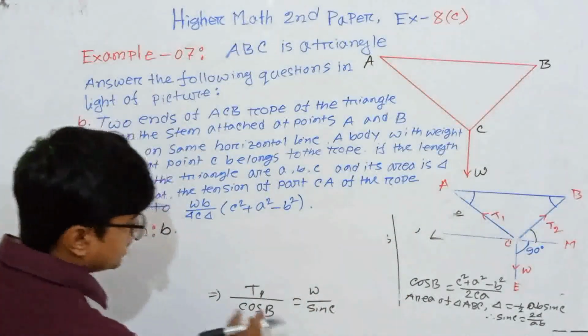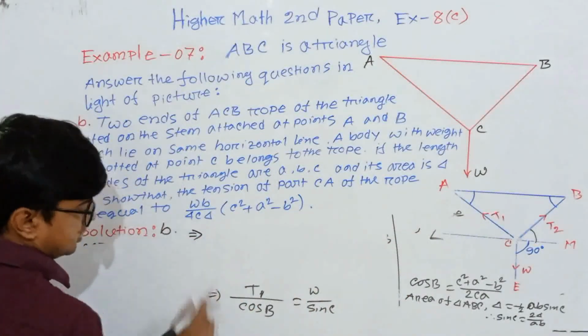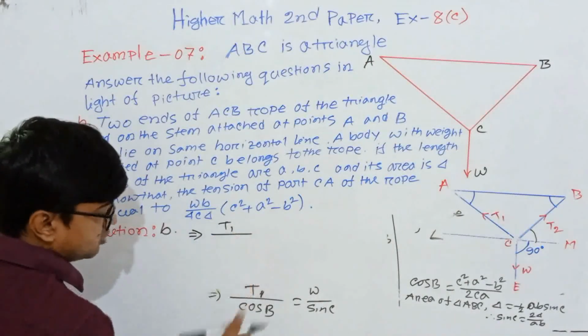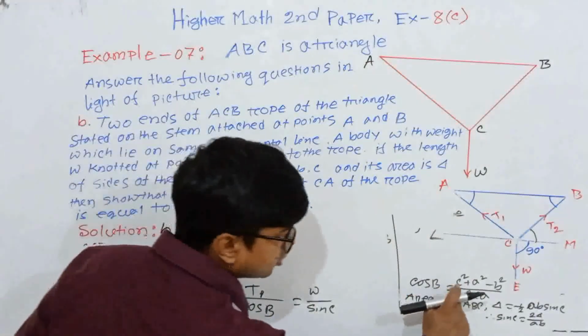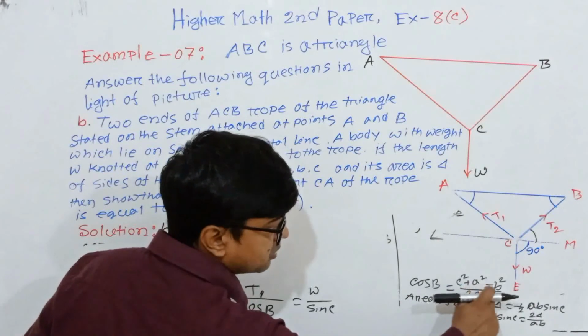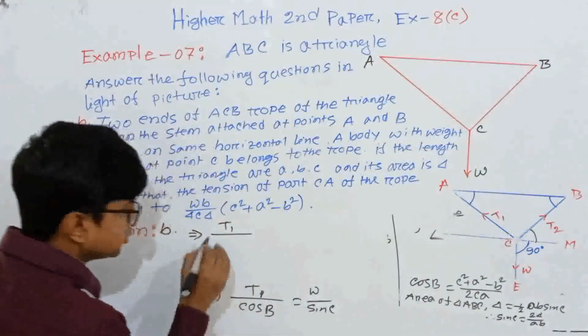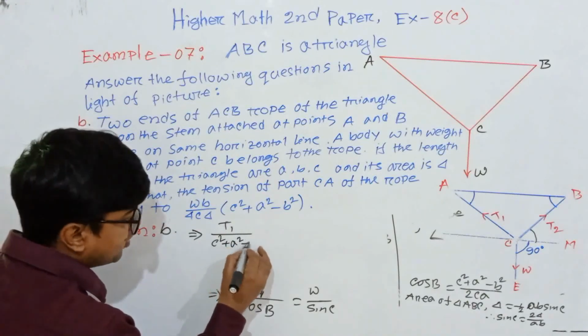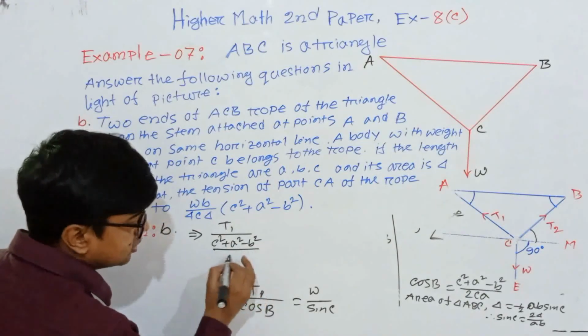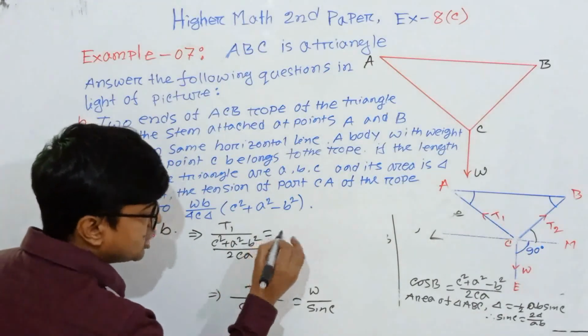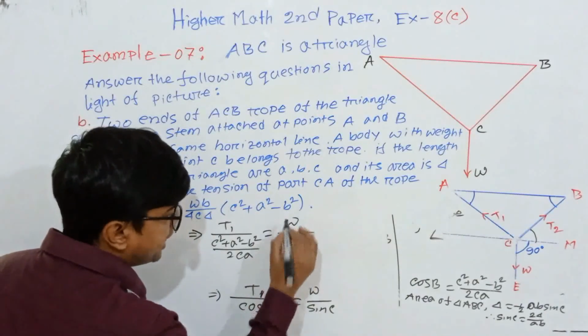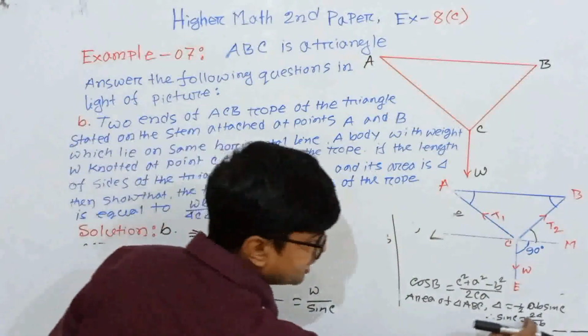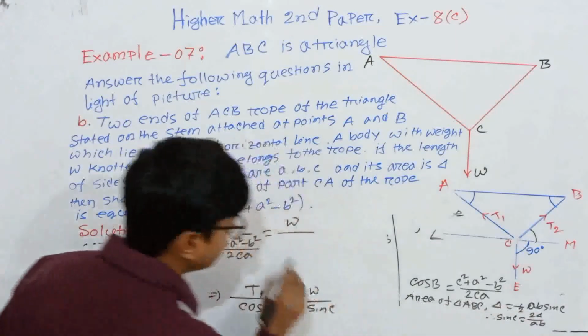Now after this line we can write T1 by cos B. Cos B means (c square plus a square minus b square) by 2ca. So we can write (c square plus a square minus b square) by 2ca equals W by sin C, and sin C means 2 del by AB.